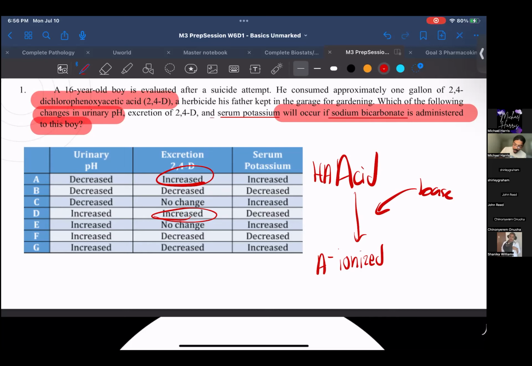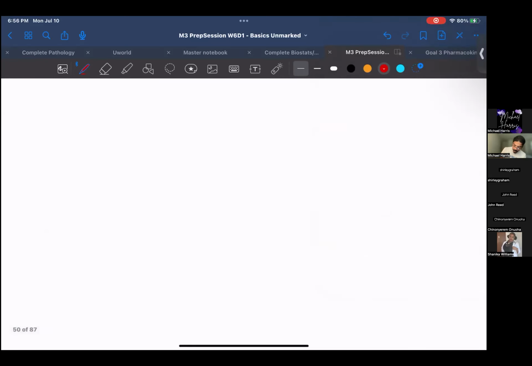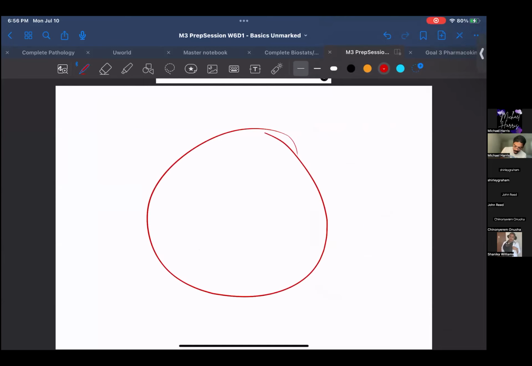If you remember back, when you increase the hydrogens outside, they flow inwards into the cell for buffering, and potassiums leave the cell.